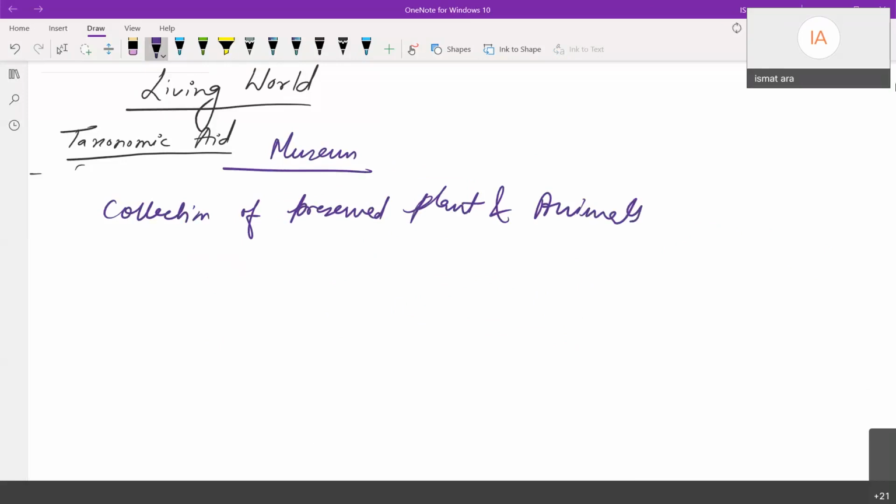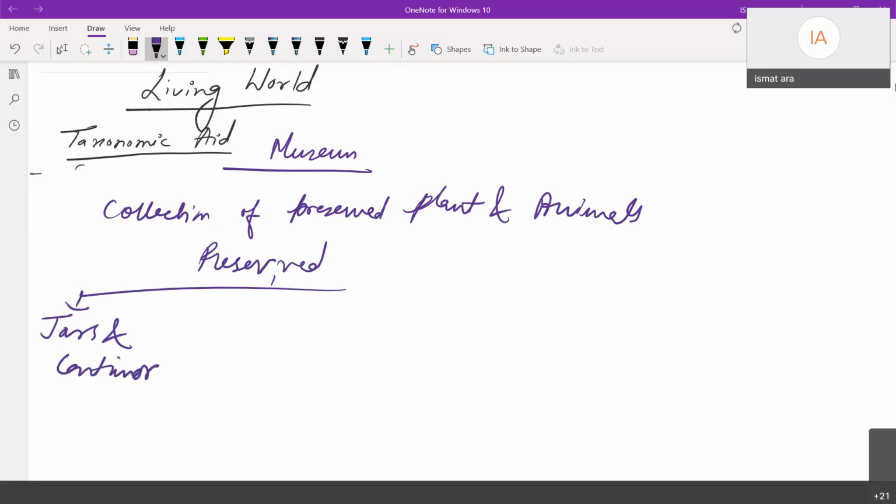There you will not get the living ones. What things are preserved? They are preserved in jars and containers. What chemical are they using?